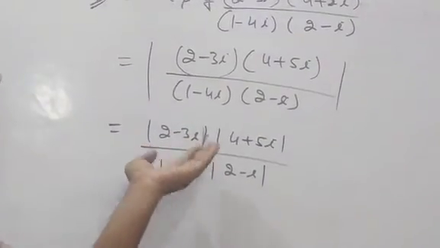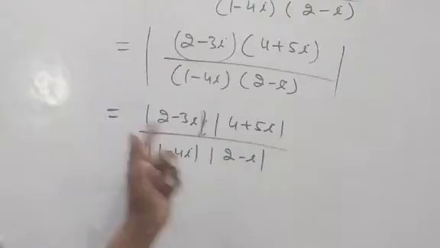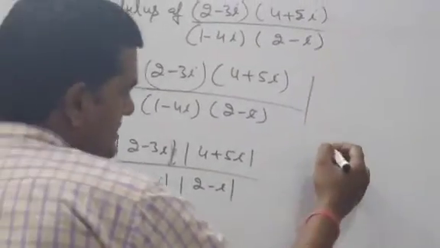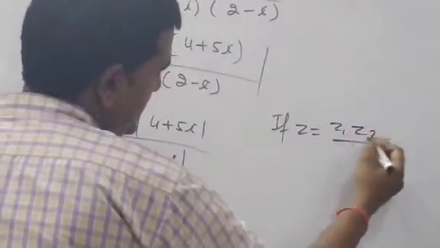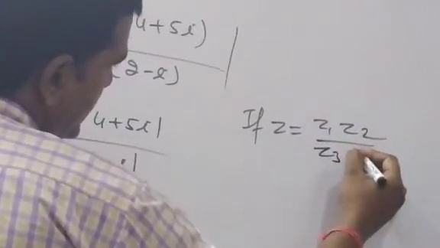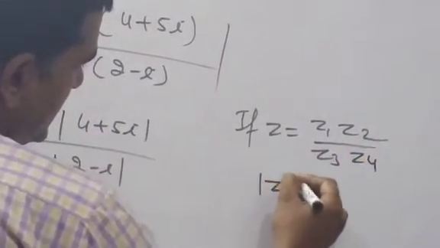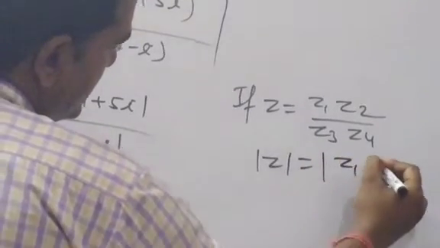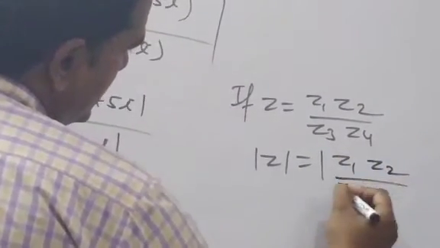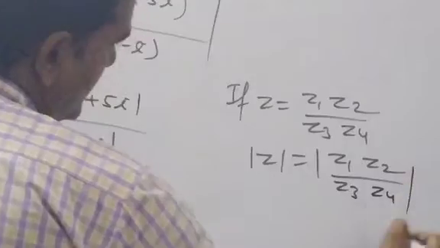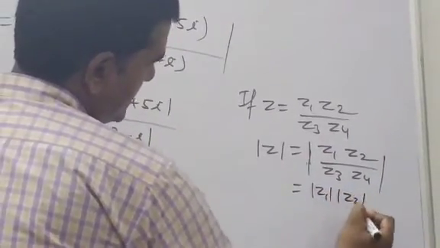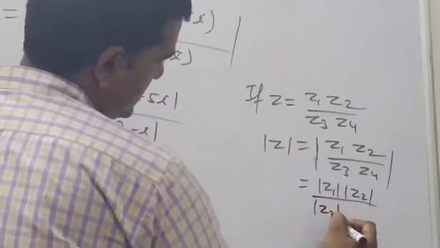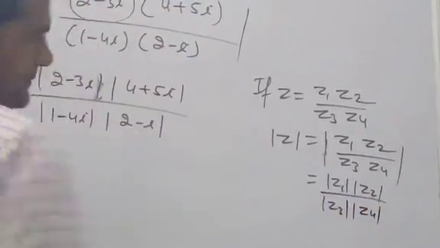I have applied here the property of modulus. Just as I told you, if z is equal to z1 z2 upon z3 z4, mod of z is equal to mod of z1 into z2 upon z3 into z4, is equal to what? Mod of z1 z2 upon z3 and z4.